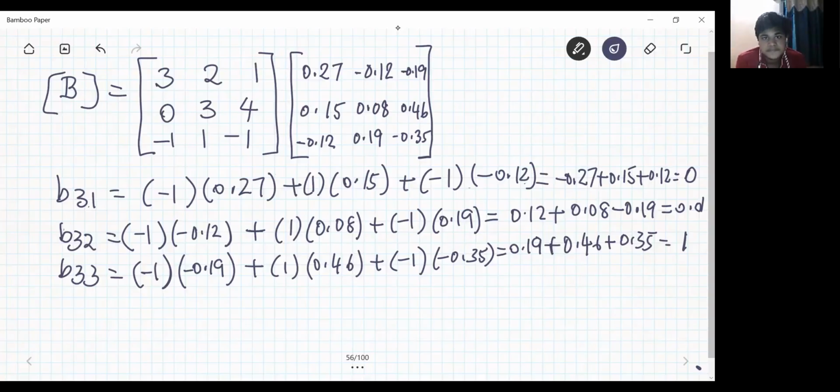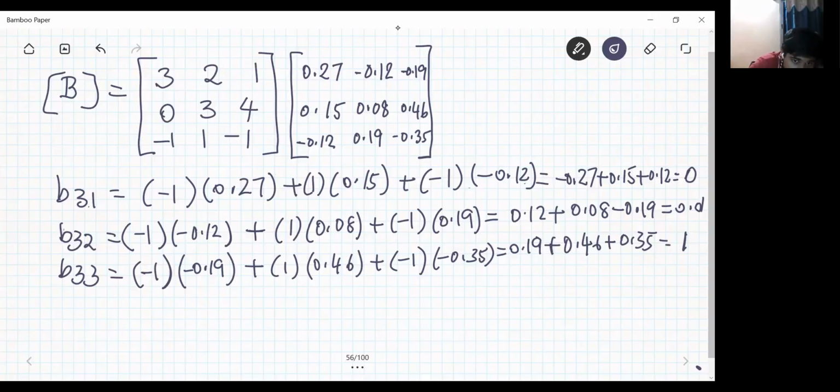I will give you a few problems for homework. Please note down this one. The first problem is a 3 by 3 matrix.